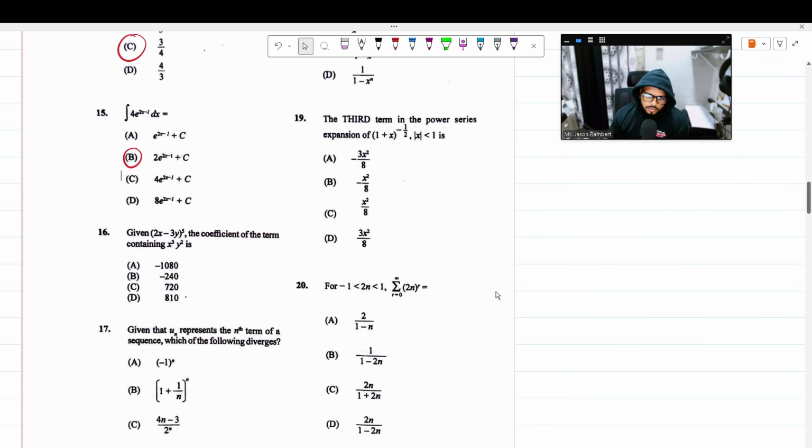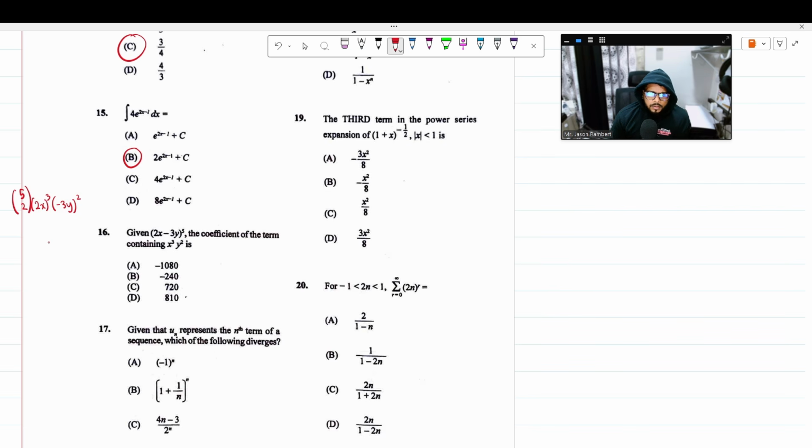The coefficient of the term containing x cubed y squared is... in order for me to get an x cubed, I'm going to have the first number being cubed, and the second number will be to the power 2, and I'm going to get 5C2 over here, a to the n minus r.